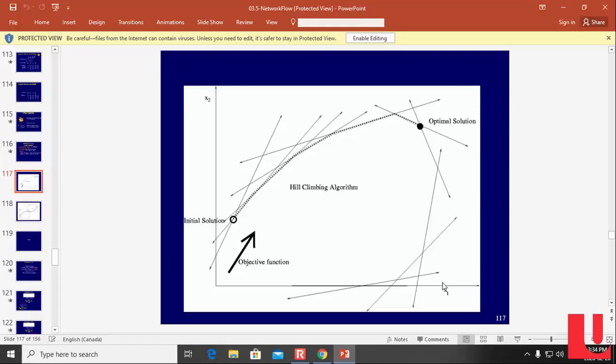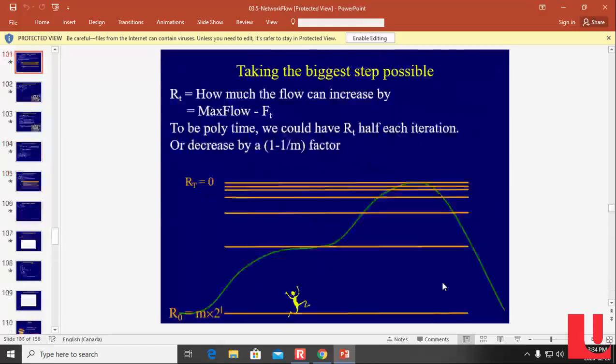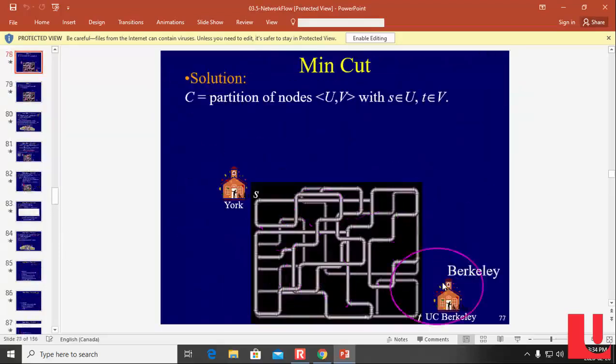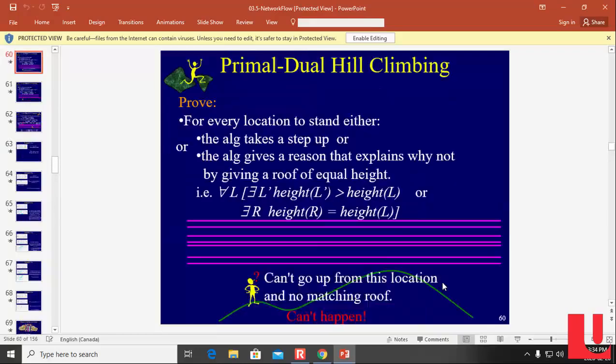Remember that? Here, let's go to my primal dual problem. Where's my primal dual problem? There it is. The primal problem is a place to stand. The dual problem is the roof. No roof is below any place to stand.